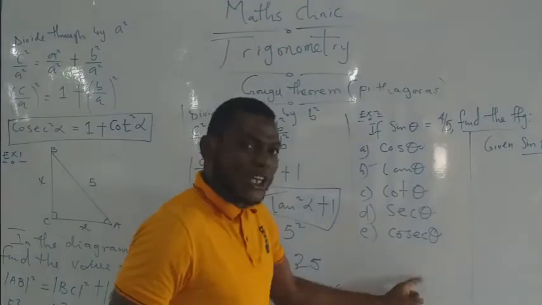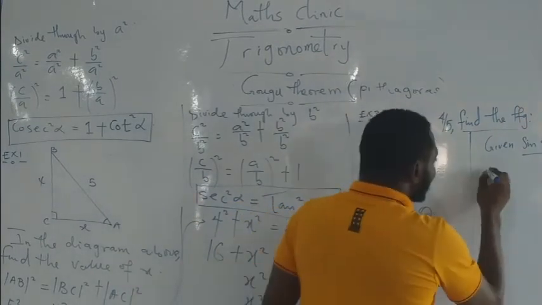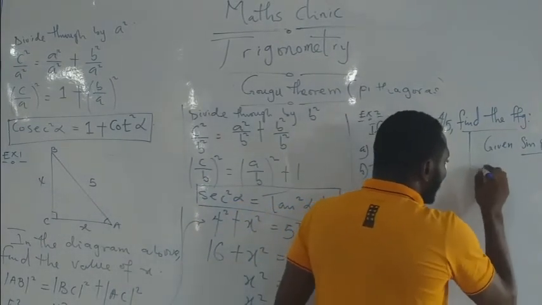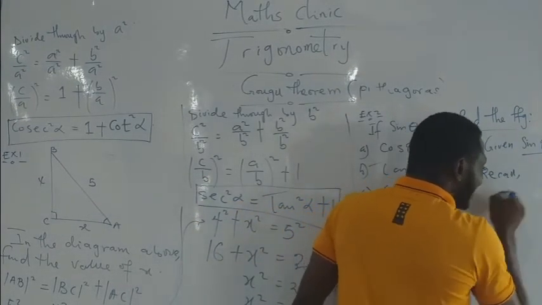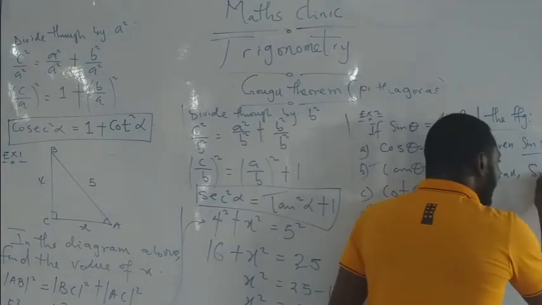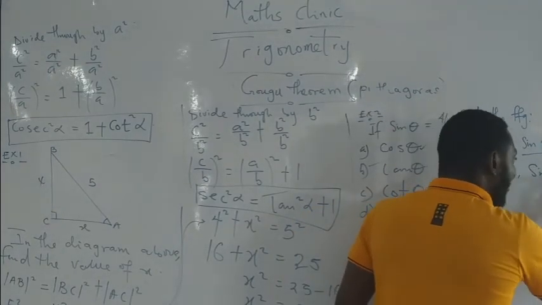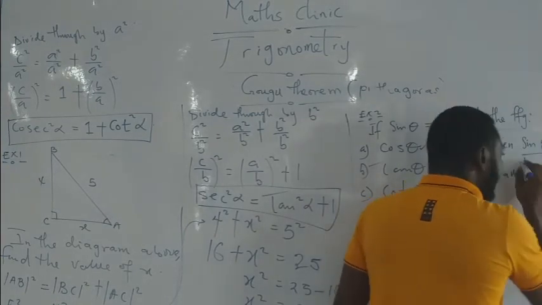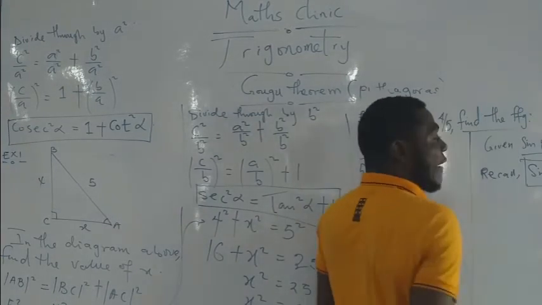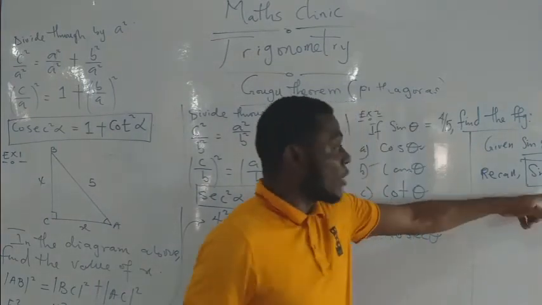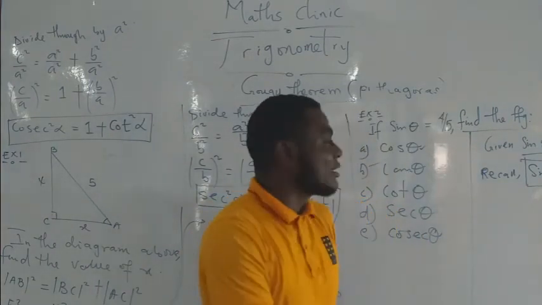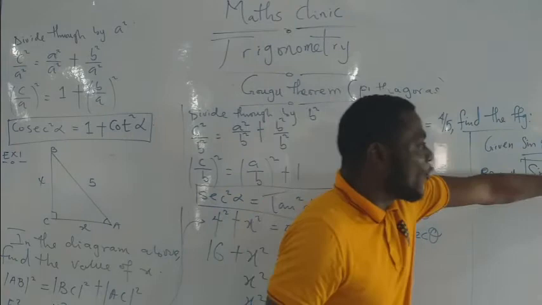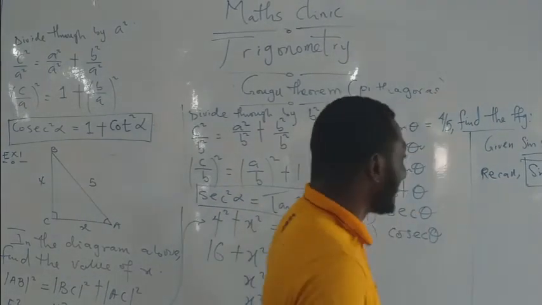Recall: sine squared alpha plus cos squared alpha equals 1. If you're writing it, it's very, very important to write this formula; it carries half a mark.